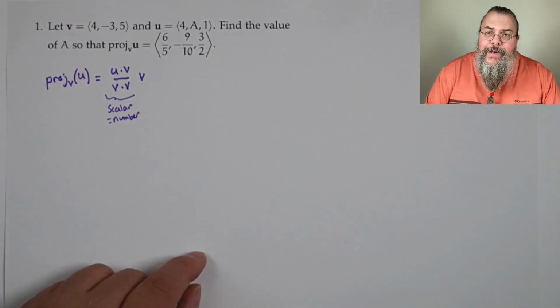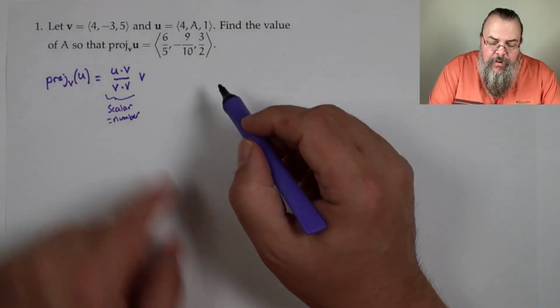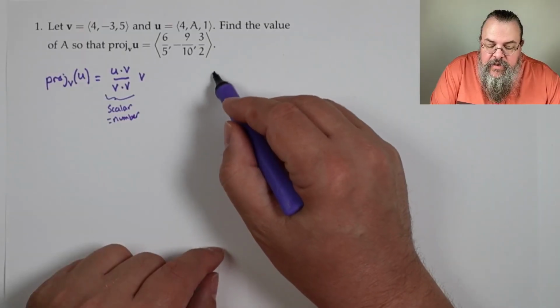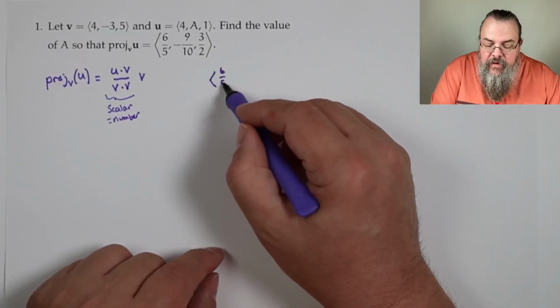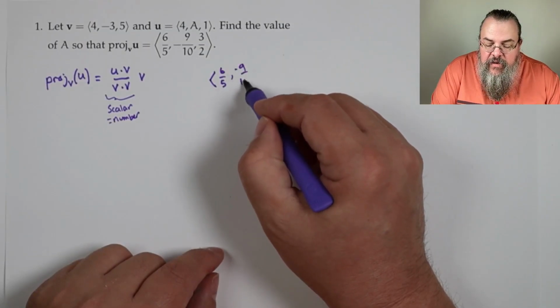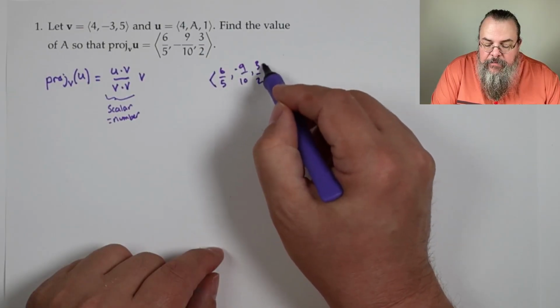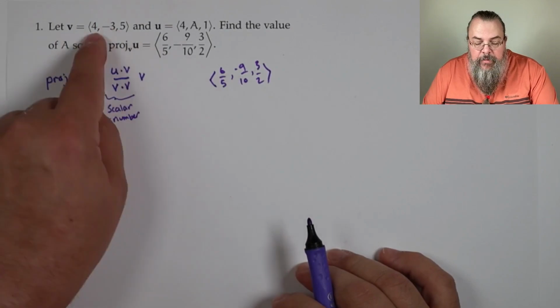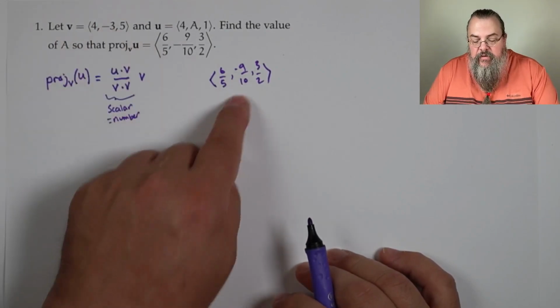So let's actually figure out what that output needs to be. What multiple is going on here? So let's see. We have 6/5, -9/10, and 3/2. And there's some scalar that if I multiply V by that number gets this.